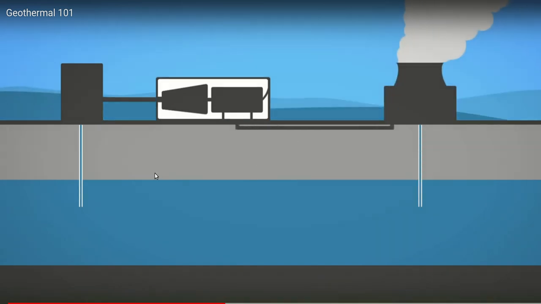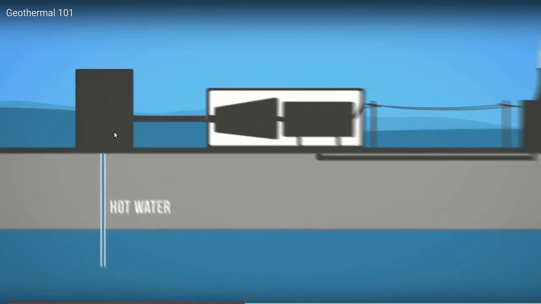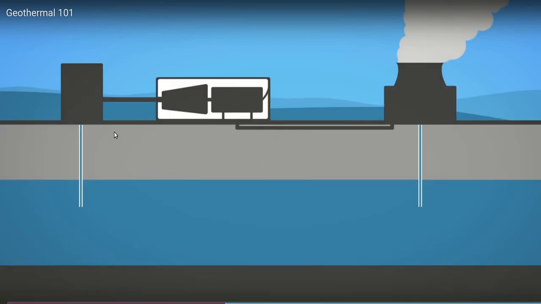So as you can see, there is water here, okay, and you have your hot water, right? Now this area, this black gray area, that's where we found the internal heat of the earth. So now what we do is we put water on top of it, okay, and so it's hot water, right?